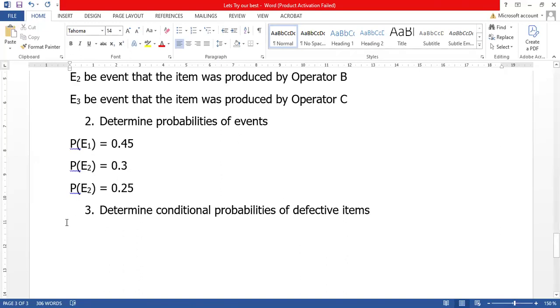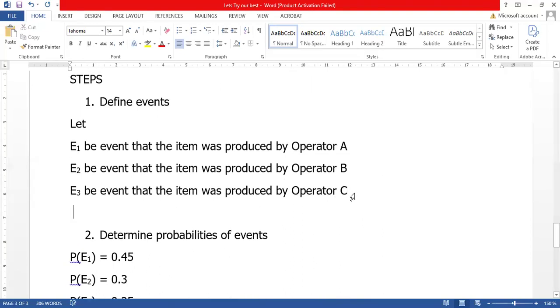Maybe you can say, let X be the event that the item is defective.